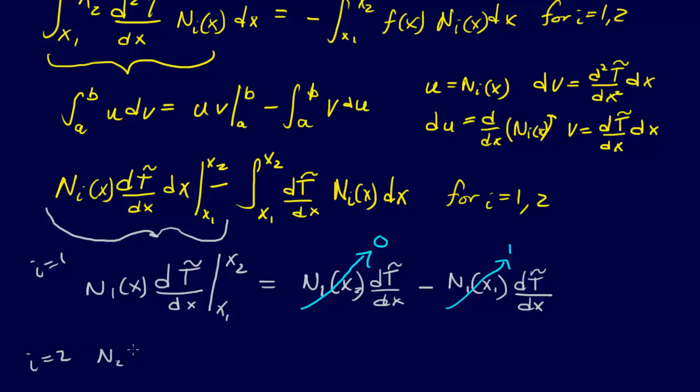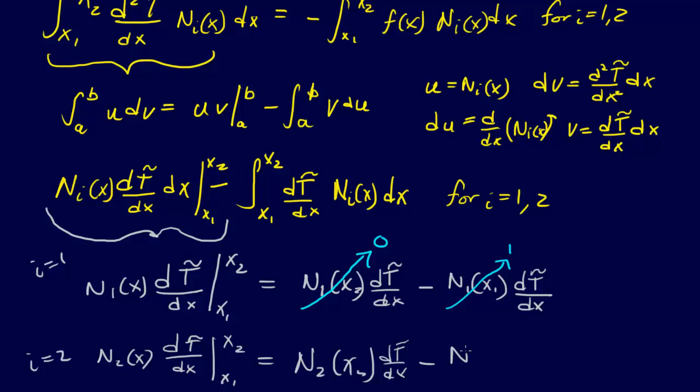We can say n2 of x dt squiggly dx evaluated from x1 to x2 is equal to n2 of x2 dt dx minus n2 of x1 dt dx, and this again is going to simplify, where this is going to equal 1.